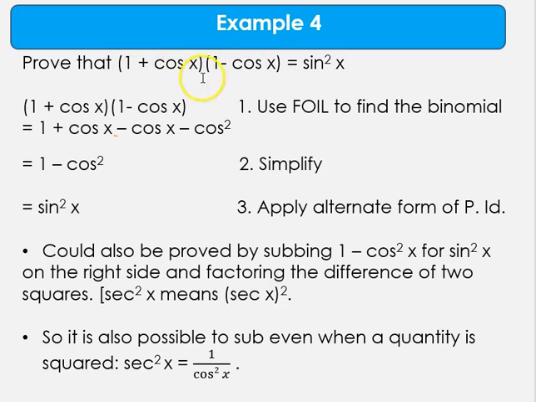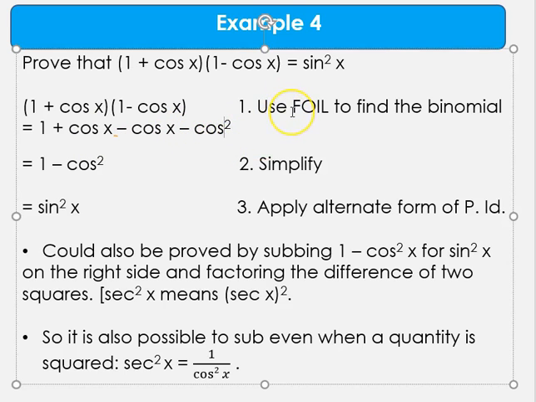We have a 1 plus and a 1 minus. And in algebra, when you have that, you use FOIL to multiply these binomials. And with FOIL, by multiplying them, we end up with this long expression, 1 plus cosine x minus cosine x equals cosine, and this should say cosine squared, sorry.